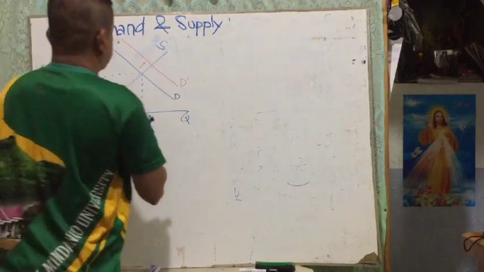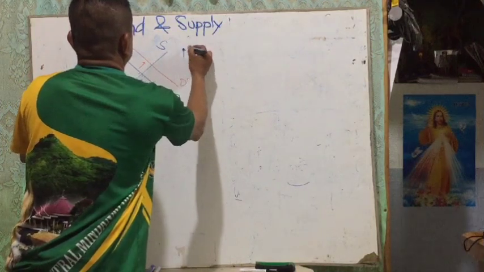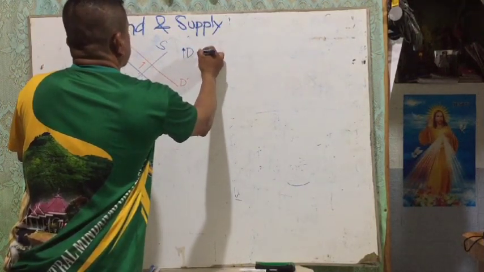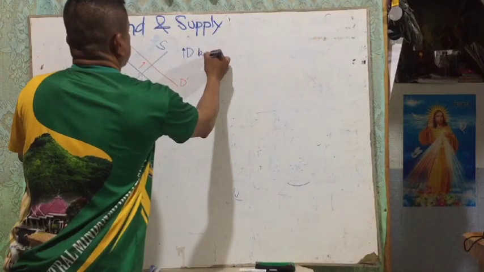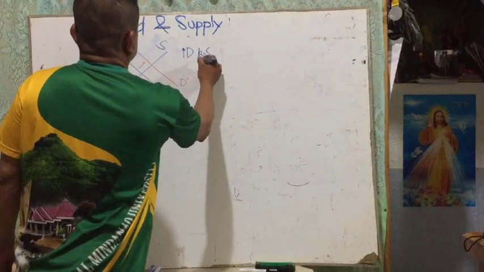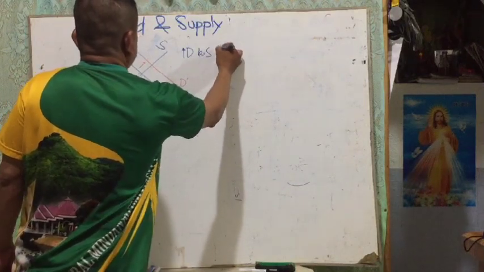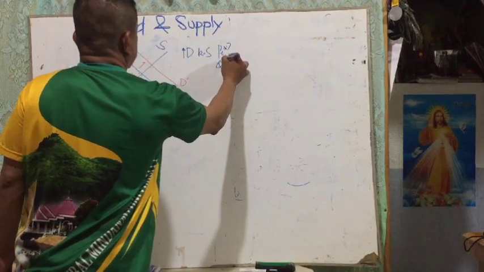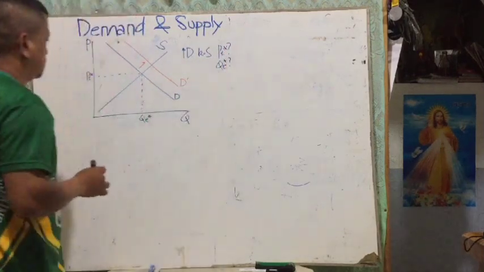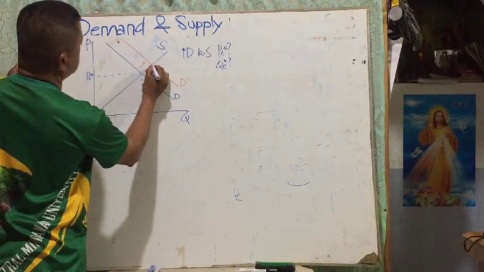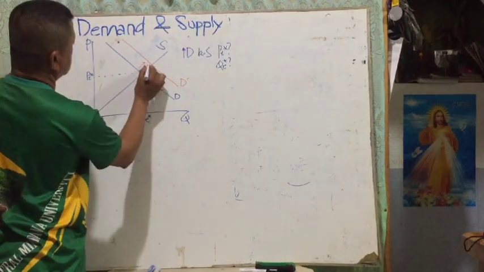So, meaning, when demand increases, however, supply is constant. The question is, what happens to the equilibrium price and what happens to the equilibrium quantity? Looking at the graph, this now is the new equilibrium point.